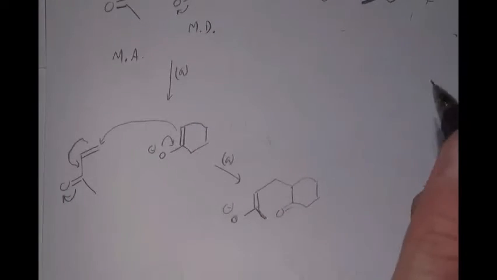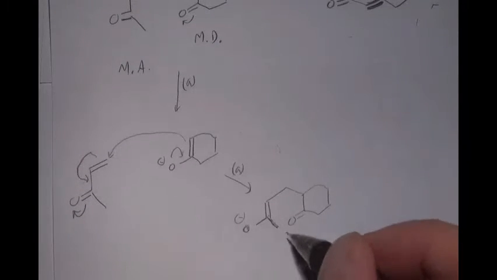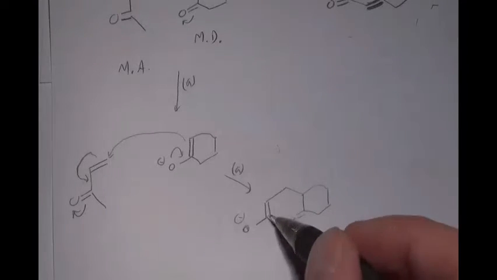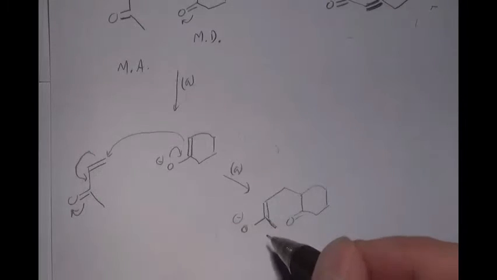You can kind of see how it's a 1,5-dicarbonyl now. It's just in the enolate form here. It goes 1, 2, 3, 4, 5, right? Because what was the Michael acceptor is now an enolate, right?